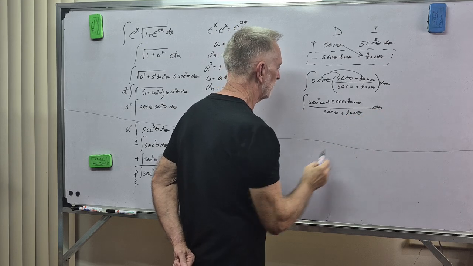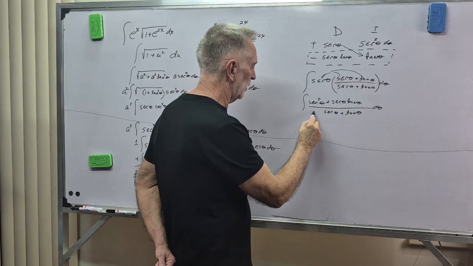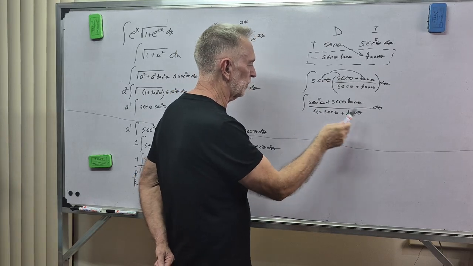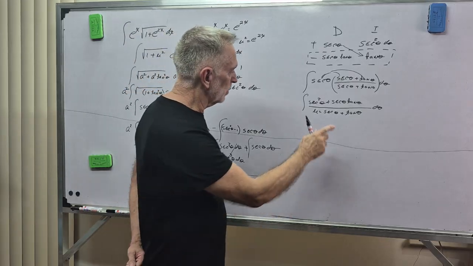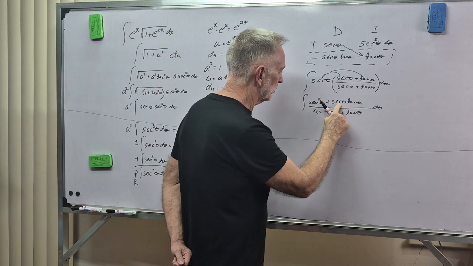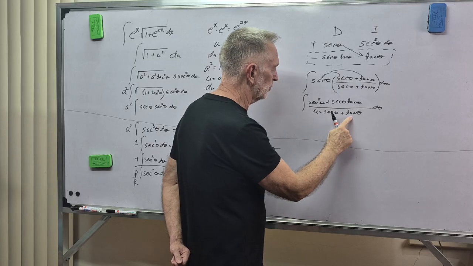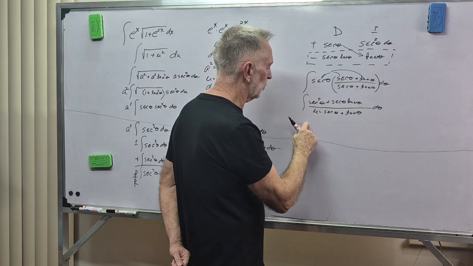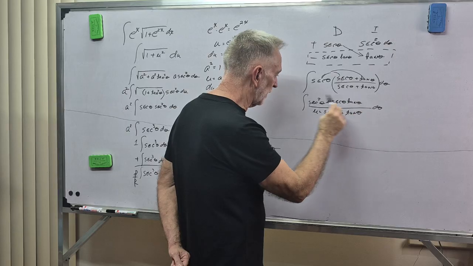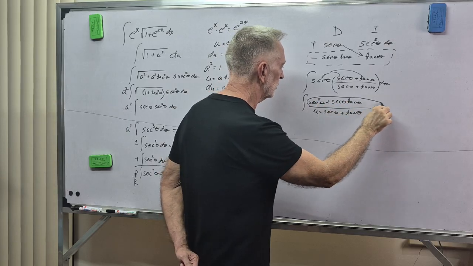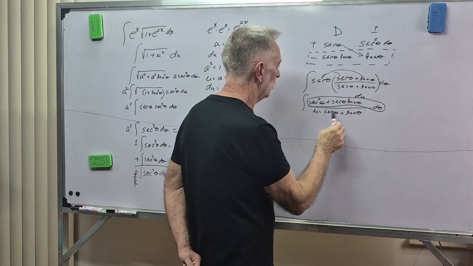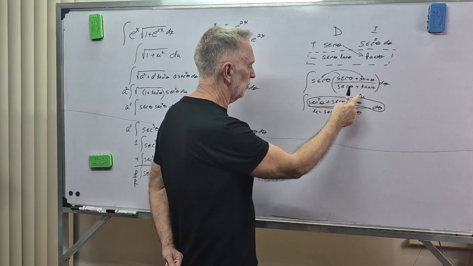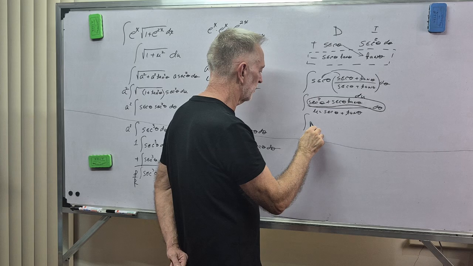d theta. Okay, if I let u equal secant theta plus tangent theta, the derivative of that, what's the derivative of secant theta? Secant tangent. What's the derivative of tangent? Secant squared. D theta. So this becomes du. So I have the integral of du over u.